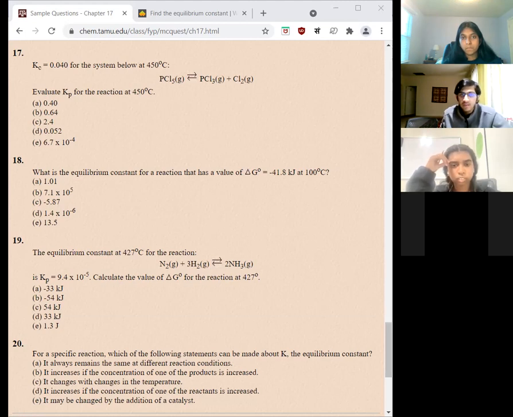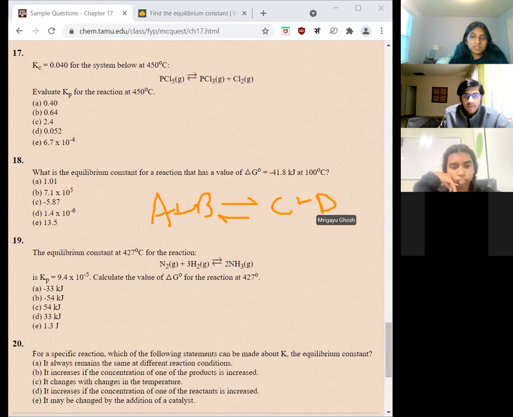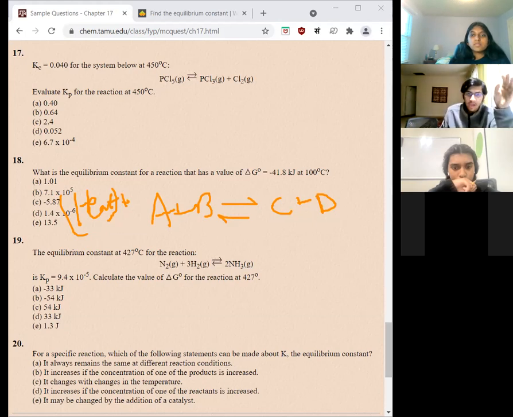The way I would think of it is with heat as a reactant. Let's say you have A plus B in a reaction with C and D. If it's endothermic, you have heat, which I'll put in parentheses. It's not really a reactant, but you can think of it as one. Initially your K is CD over AB.